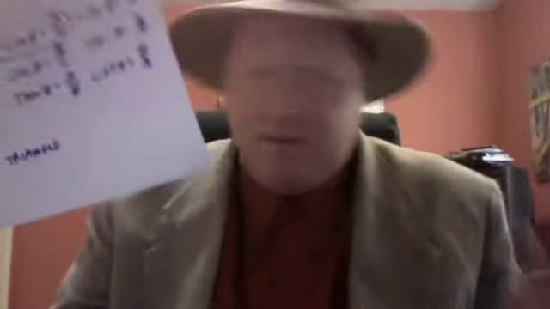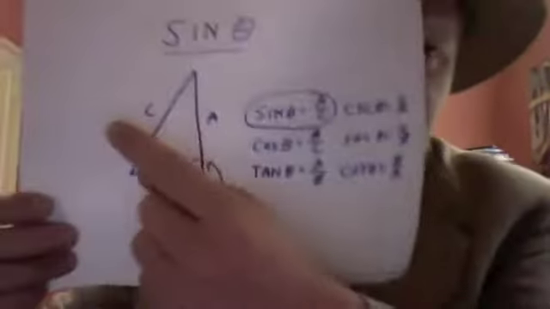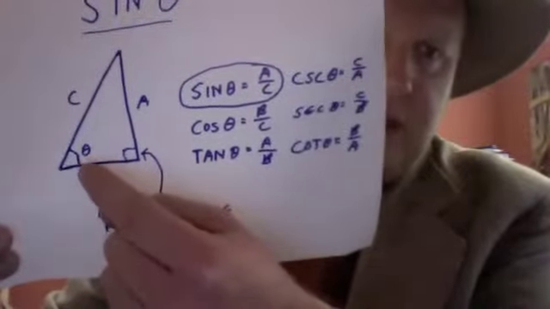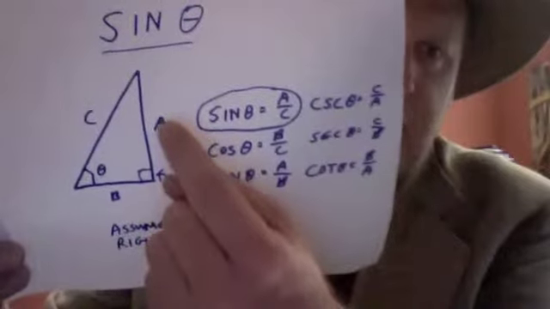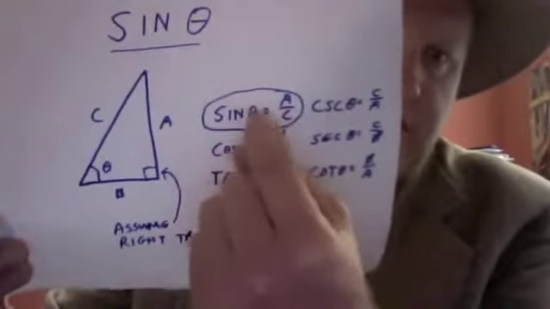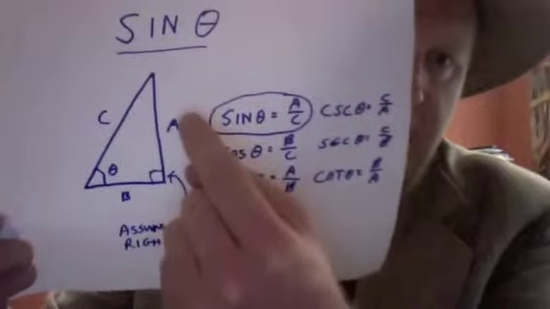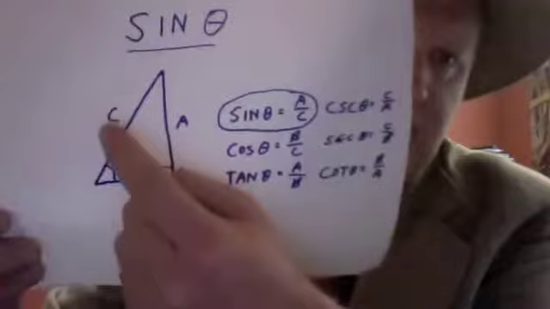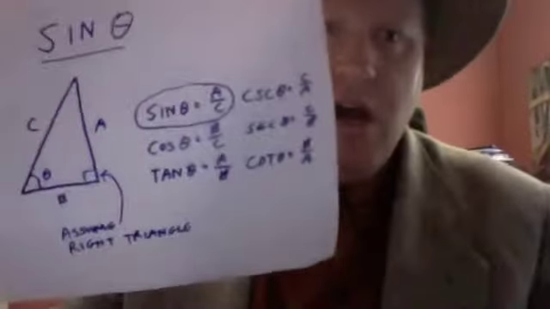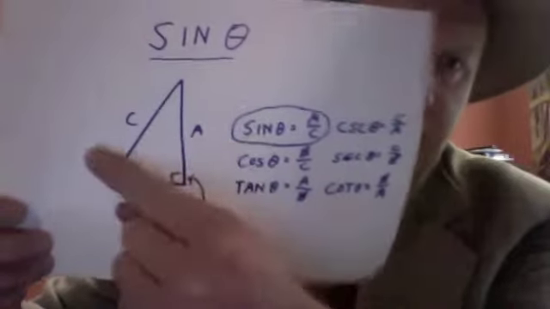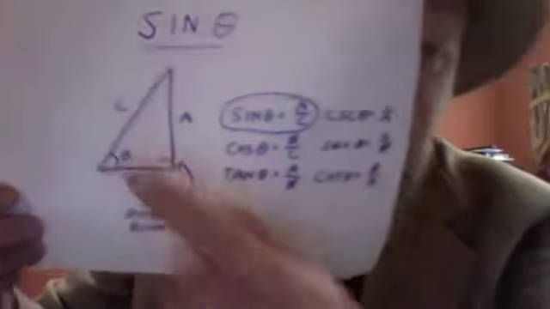Those of you who have, I'm not going to dwell on it. The sine of this angle theta is the side opposite divided by the hypotenuse. So the sine of theta is A, the line segment opposite of theta, divided by C, the hypotenuse of our inscribed right triangle. So it's A over C, or opposite over hypotenuse.